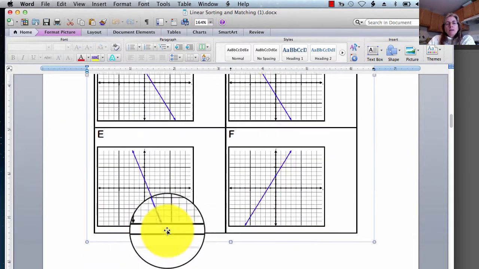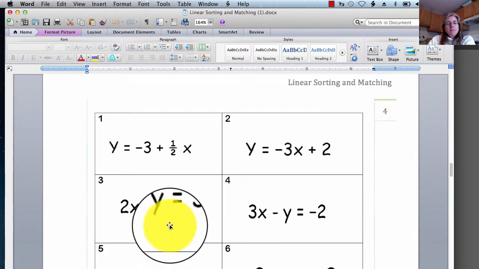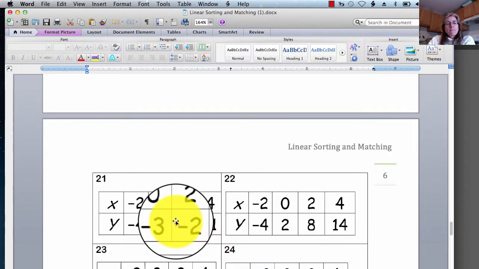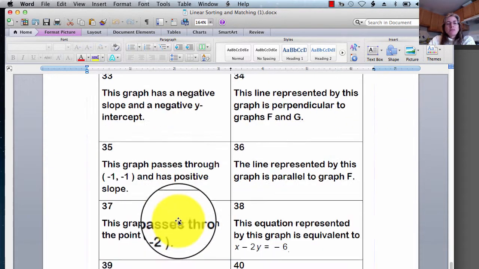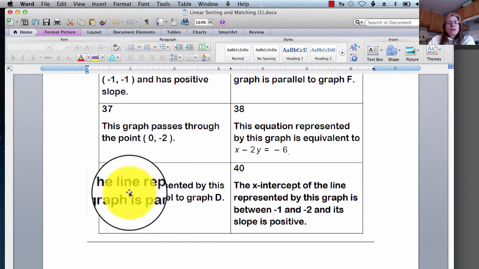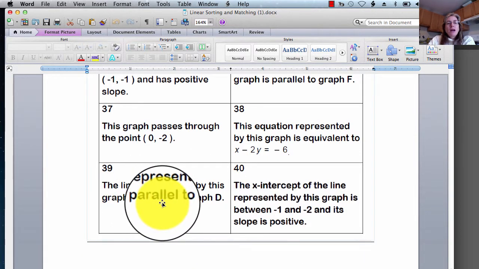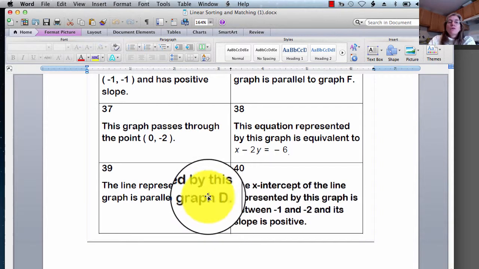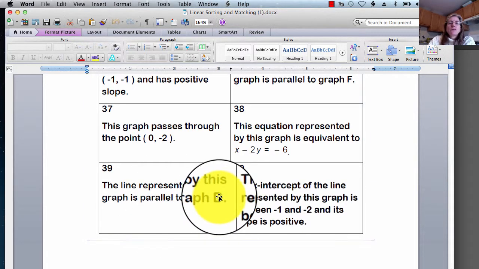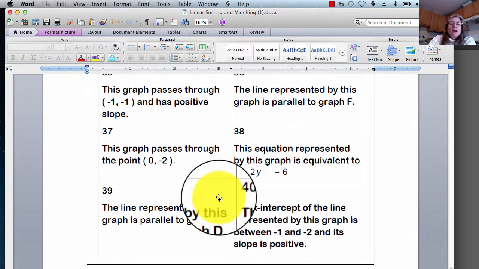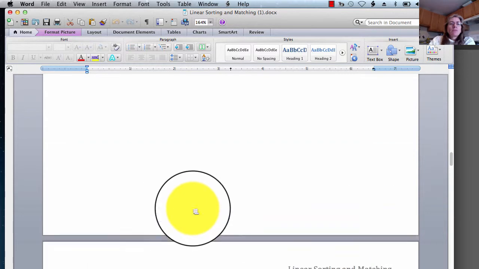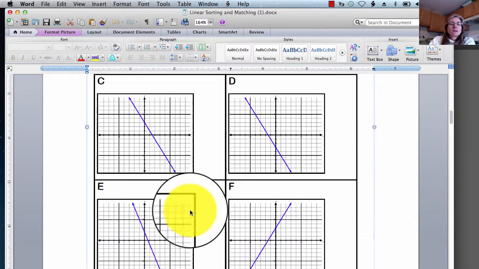Okay. Now let's look at a description. I'm just picking out descriptions for fun here. The line represented by this graph is parallel to graph D. Okay, if we were to try to figure that out, you have to know the slope of D, since I'm looking for parallel lines.